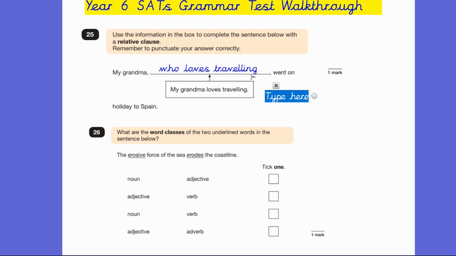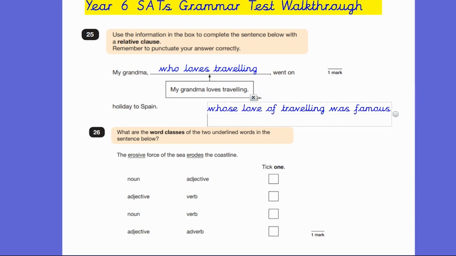Another relative clause that we could use is whose love of travelling was famous is another option, and this has come from the mark scheme there. And if you also wanted to use whom, you could say my grandma, whom travelling delights, went on holiday to Spain.